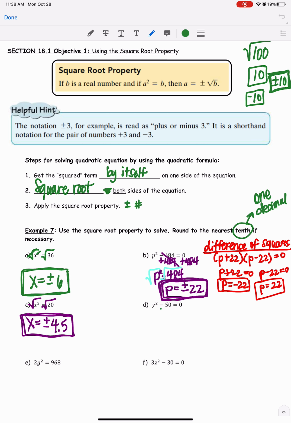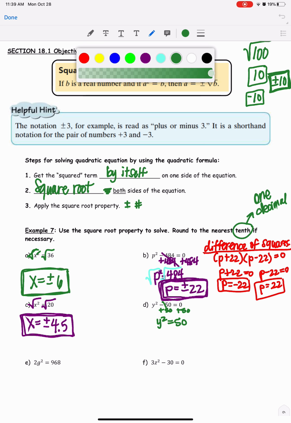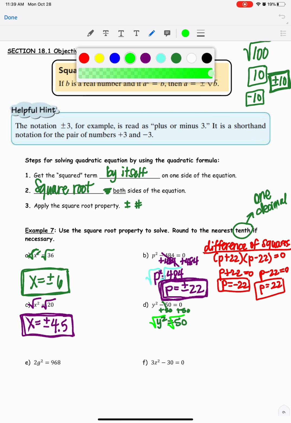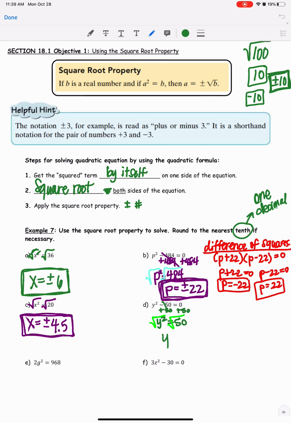Nope. So we need to add 50 over. So we've got y squared equals 50. Take the square root of both sides. And when I round to one decimal place, I'm going to get y equals plus or minus 7.1.